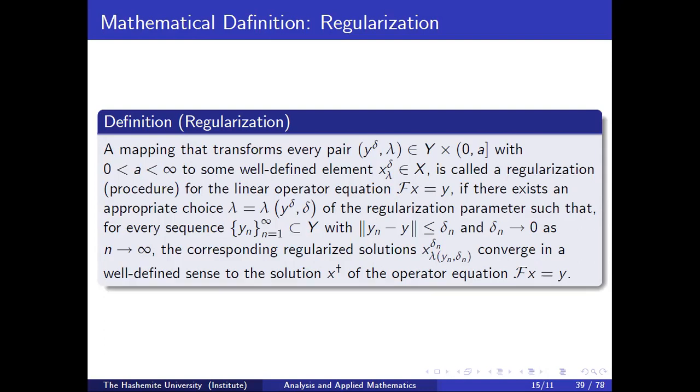Here we have a mathematical definition of regularization. Regularization means that you are approximating the inverse of the operator f by a continuous approximation, and you have to make sure that if you choose data close to the original data and you have an error with noise error delta, then you have to make sure that the inverse of y delta will converge to the exact solution of the problem.